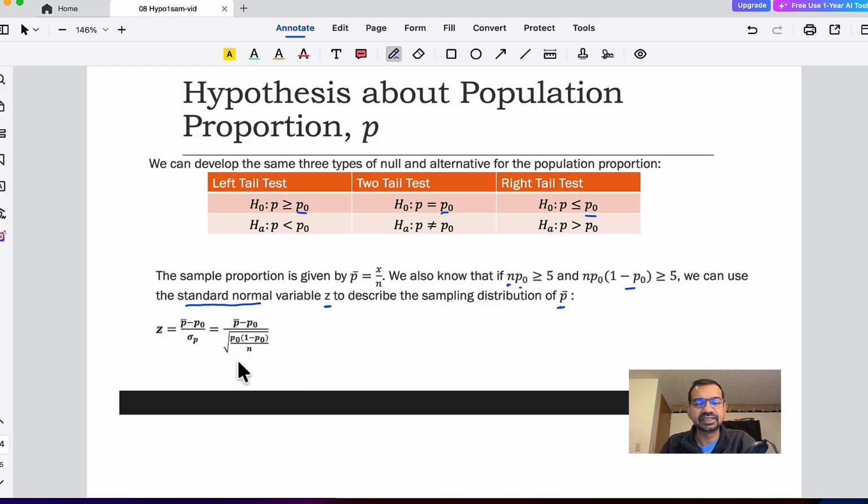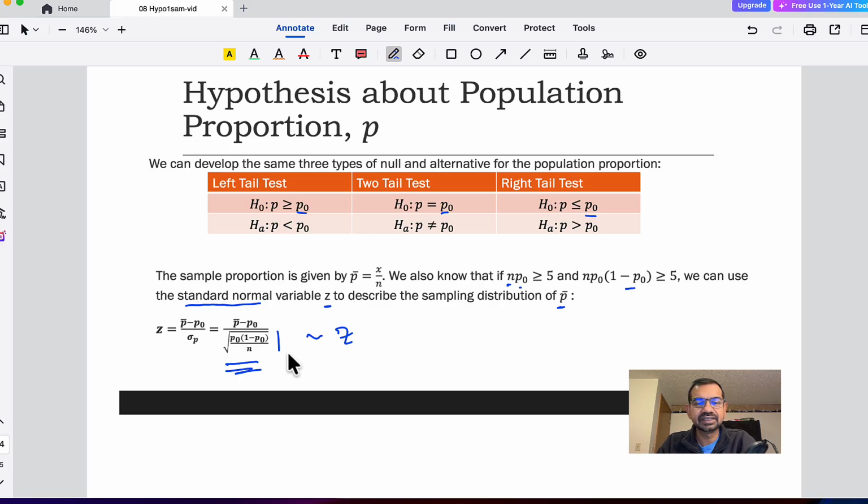So the standard error is the square root of p naught times 1 minus p naught divided by n. Just make sure that we're not using p-bar, but p naught, when we calculate the standard error. And the test statistic that we obtain will follow a z distribution, and that helps us then evaluate the p-values.